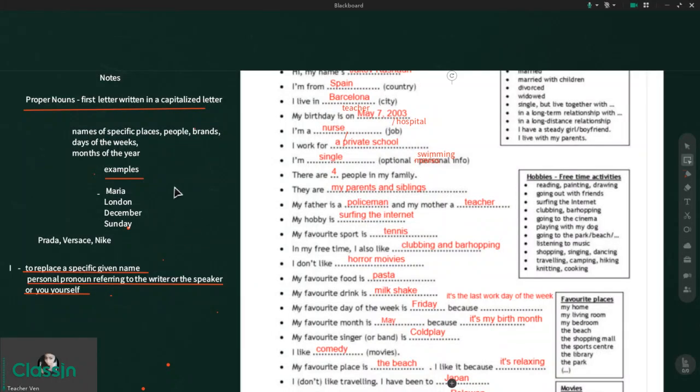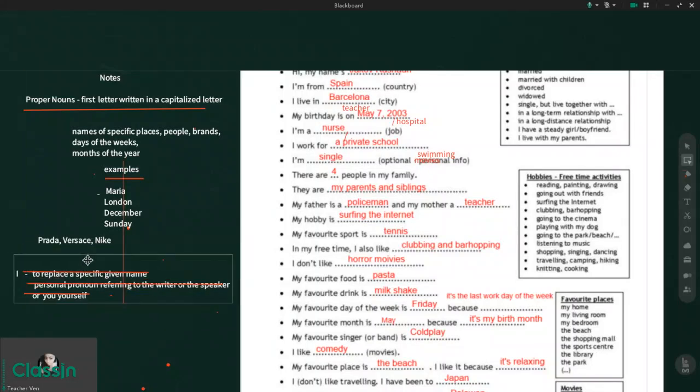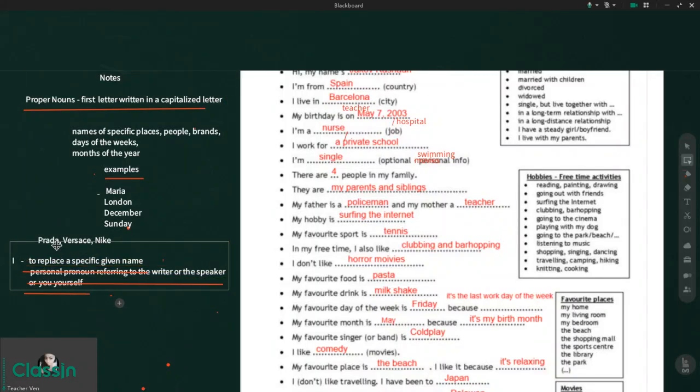Okay, and for the brands, for example, Prada, Versace, or Nike, all of them are written in a format like this, right? The first letter is always a capital letter, because they are names of popular and really specific brands.